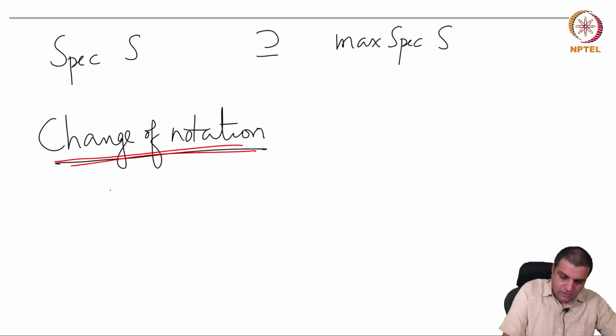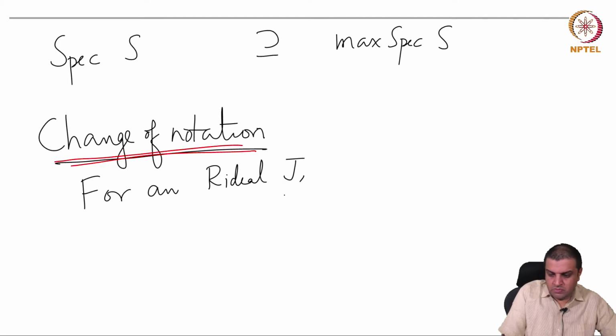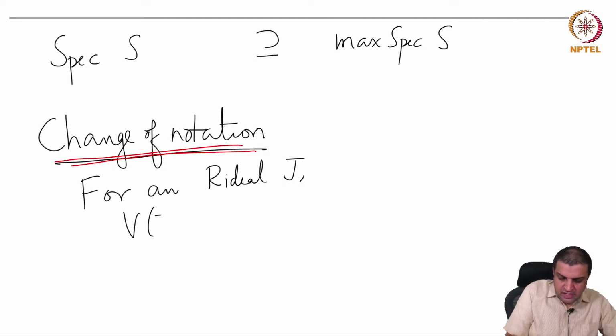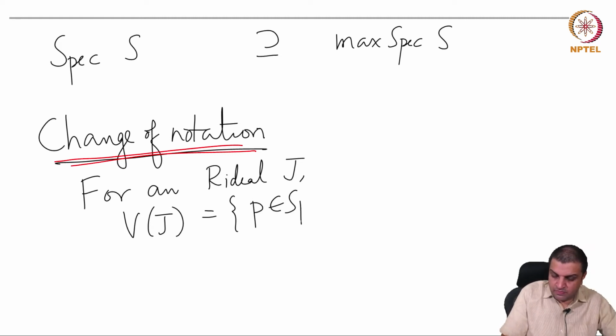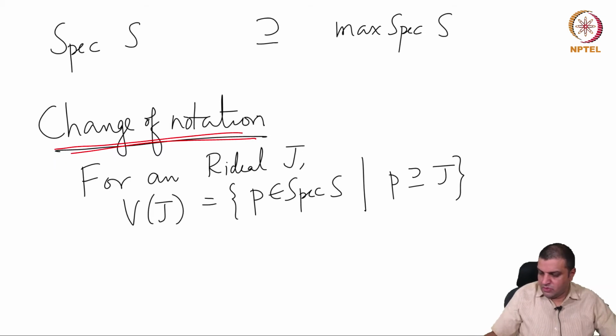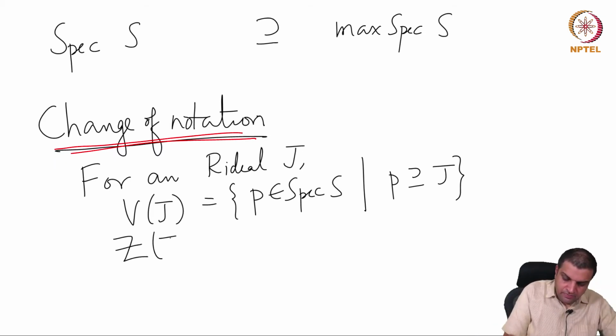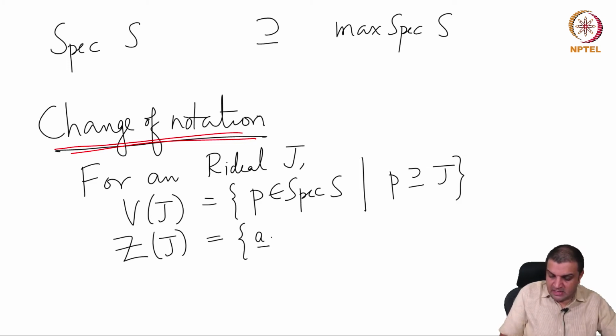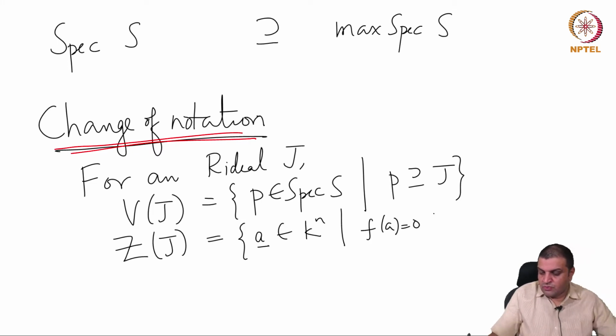For an R ideal J, by V of J we mean the subset of Spec S such that P contains J. And by Z of J we mean the set of elements a inside K^n such that f of a is 0 for all f in J.